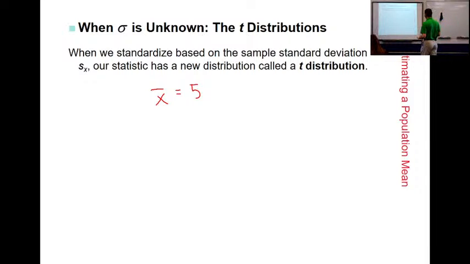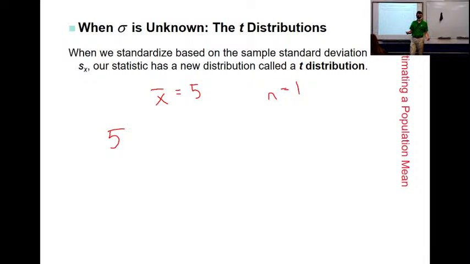Let's say that I have a sample size of 1, and the mean of that sample is 5. Can you guarantee me what the number has to be? My list has one thing in it, and the mean is 5. What is it? It's got to be 5, right?